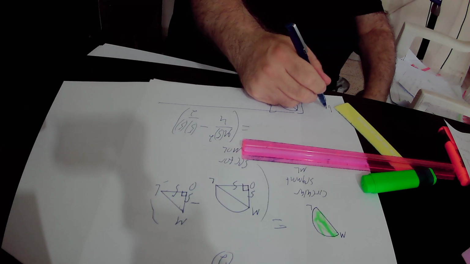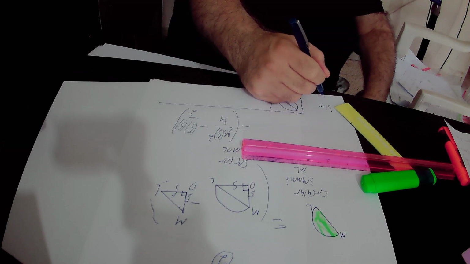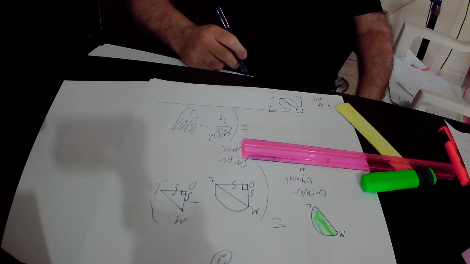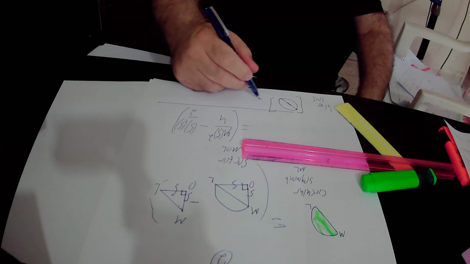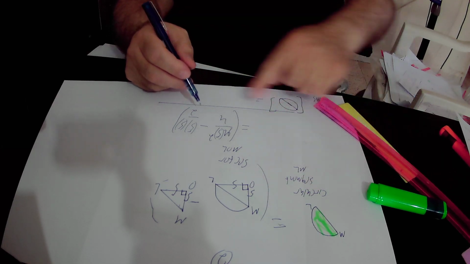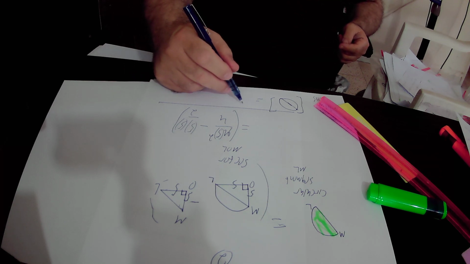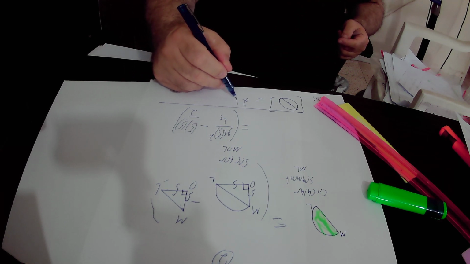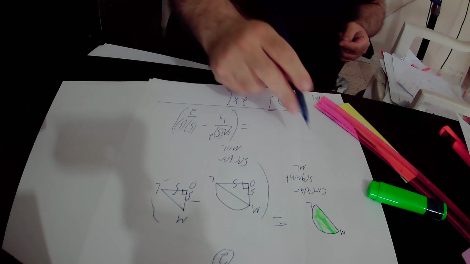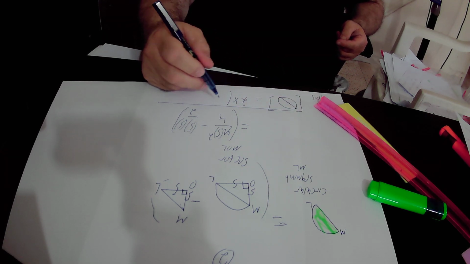So the area of the blue lens will be equal to 2 times the area of circular segment ML.